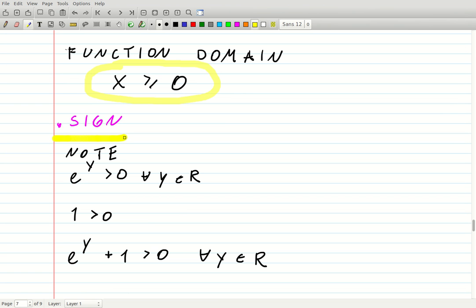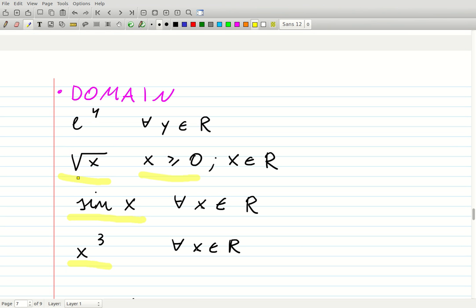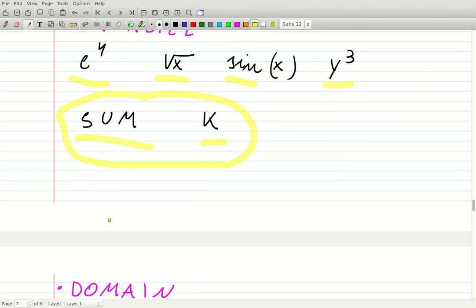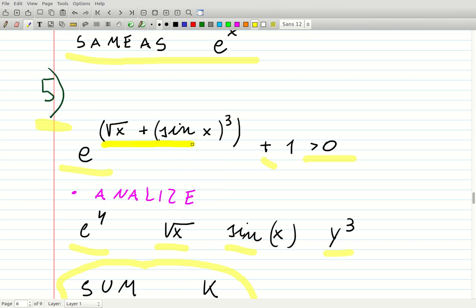Let's look at the sign, but before doing any difficult calculation, we can note one simple thing. We know from the elementary function that e to y is greater than 0 for every real number. That means we do not need any idea of what the value will be of square root of x plus sine of x to the 3. This exponent can be any real value.